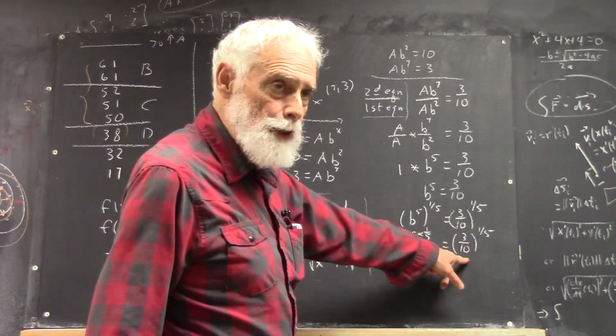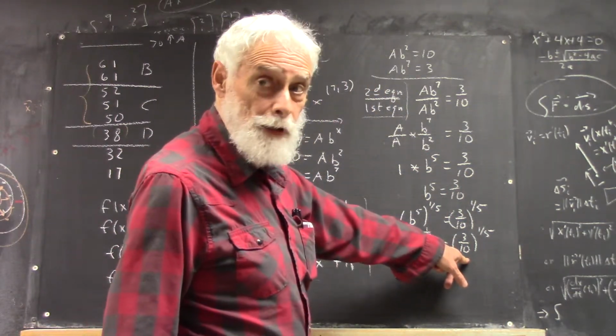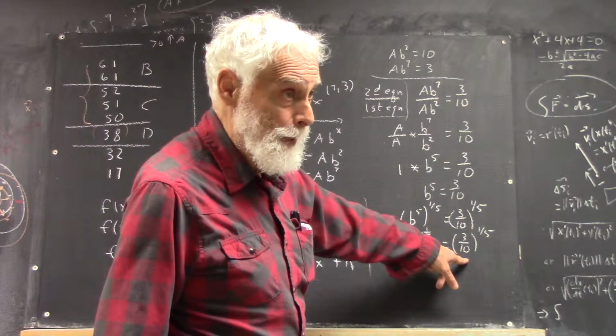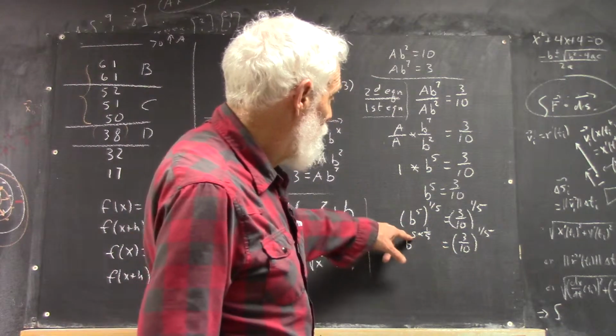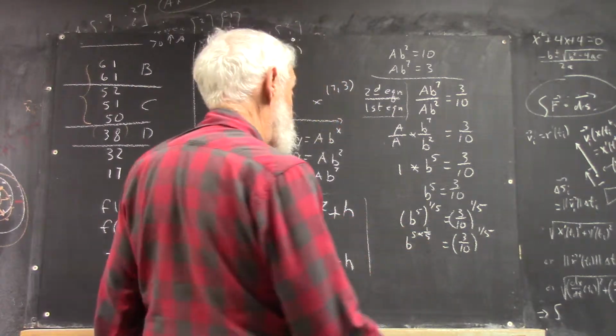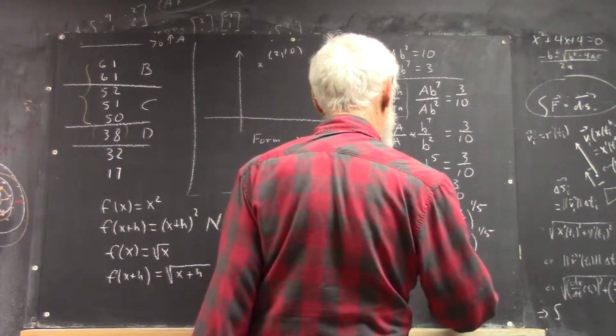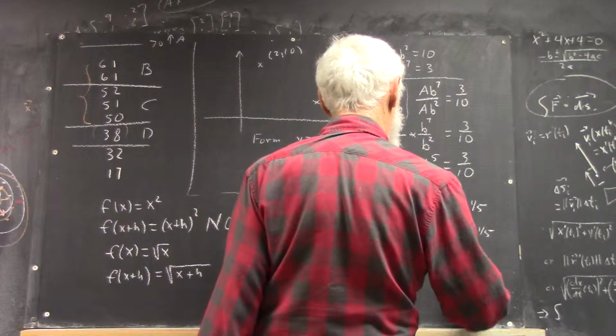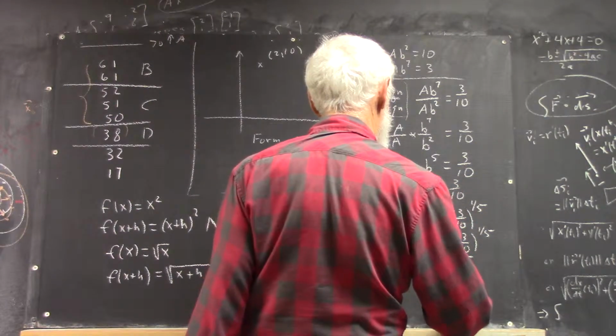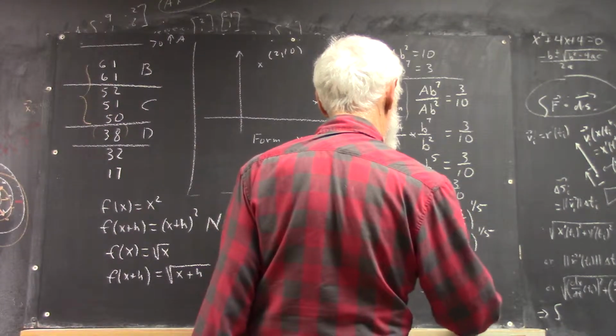You can't compute that by hand, but you can punch that into your calculator very easily. 5 times 1/5 is 1, so that's b to the 1 equals 3/10 to the 1/5, so that b equals 3/10 to the 1/5.